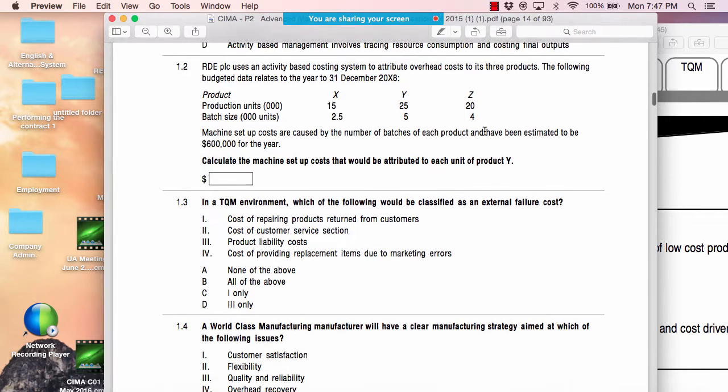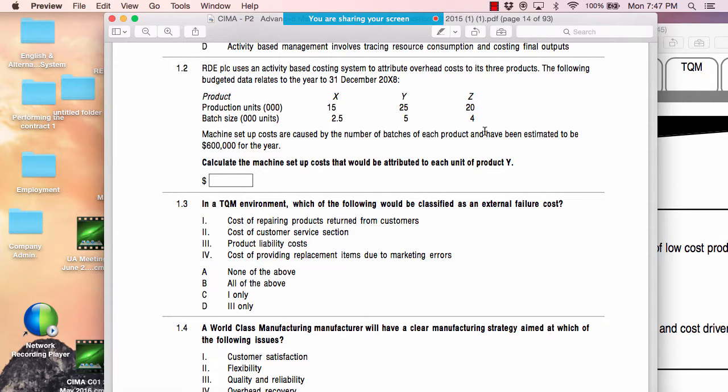And then it's difficult. 1.2? I got 7.5. And Elaine? I got 10. Right. How did you get 10? Let's see. I took the number of units that would be produced for each product, which came to 60,000.